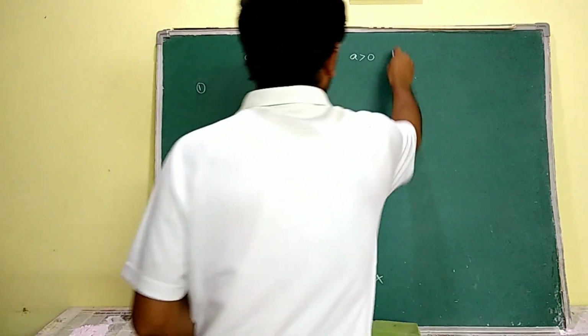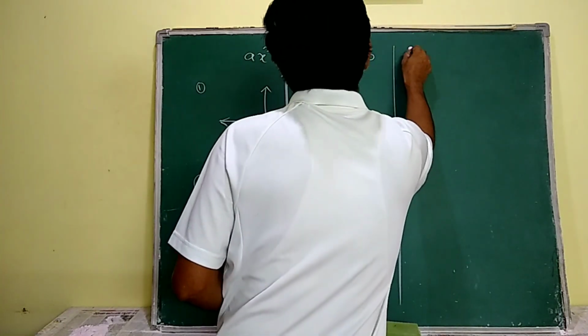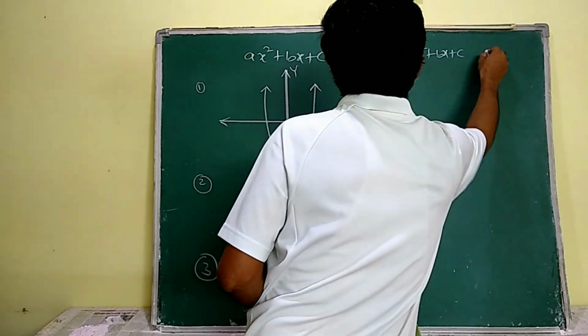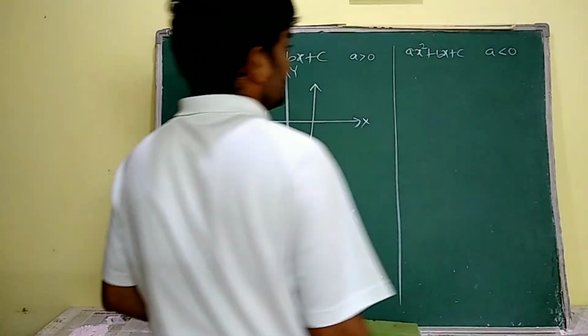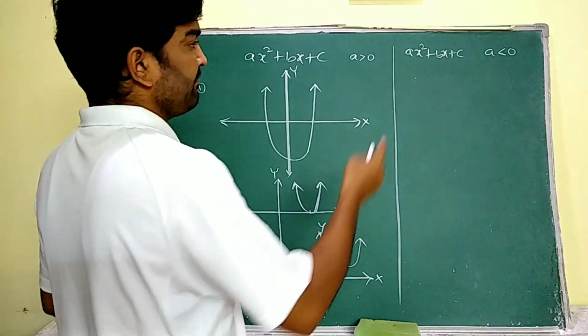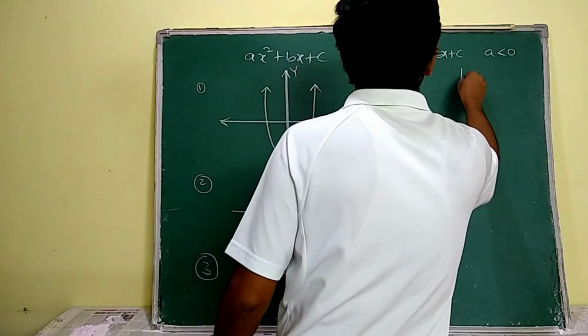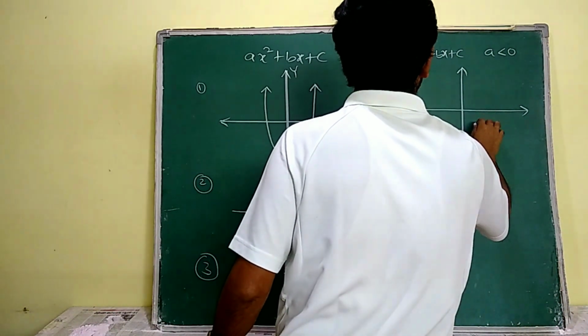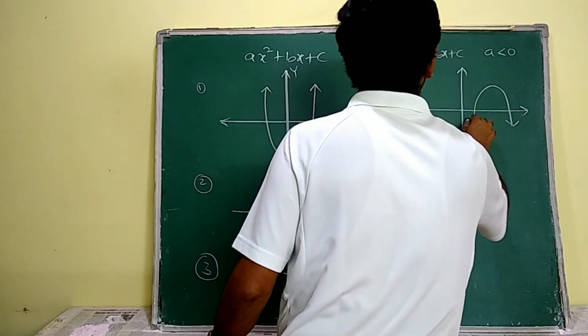Another possibility is ax square plus bx plus c where a is less than 0. If a is less than 0, in the sense the graph is downwards, we know that. That means the graph may be like this.